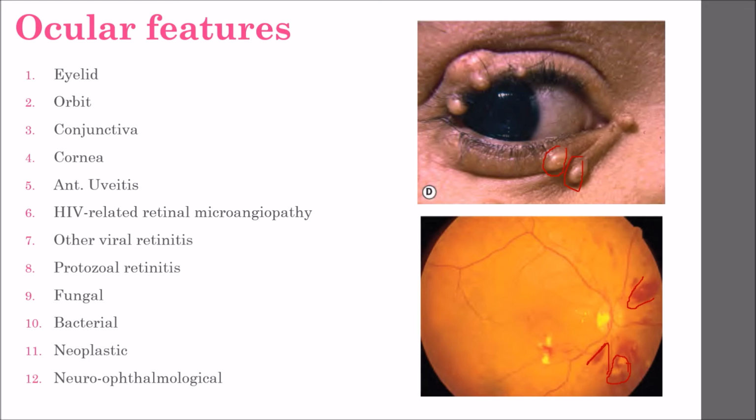We have discussed it in the parasitic uveitis, and fungal, like atypical fungi, pneumocystis choroiditis and histoplasmosis chorioretinitis. And bacterial are syphilis and tuberculosis. Then neoplastic is B-cell intraocular lymphoma.